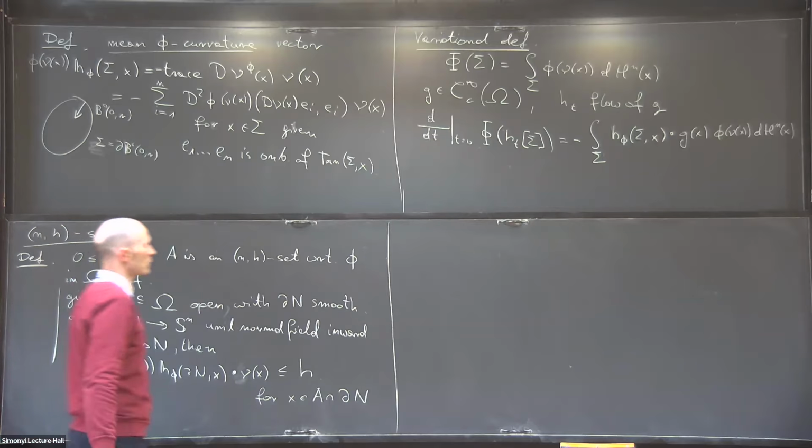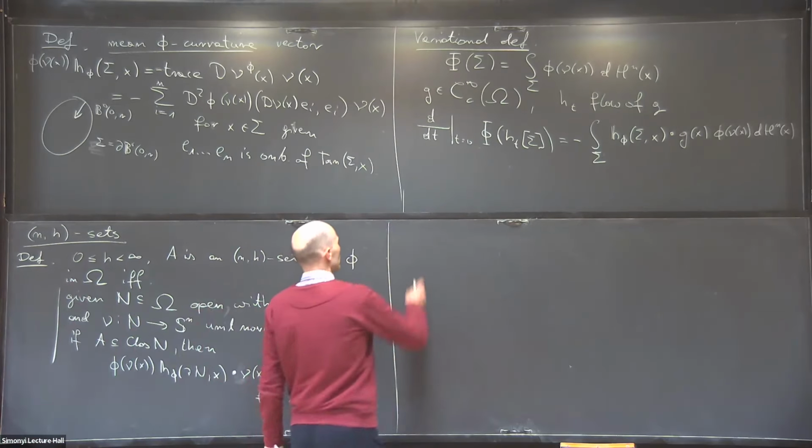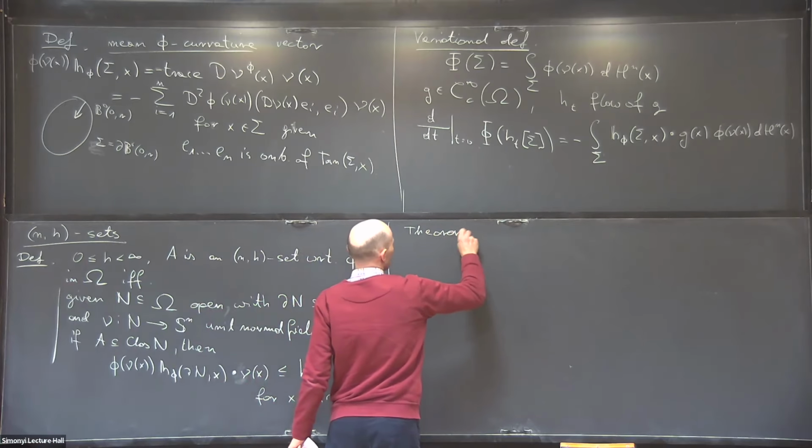What is the utility of NH sets? I promised not to talk too much about varifolds, but now it's a small passage about varifolds.